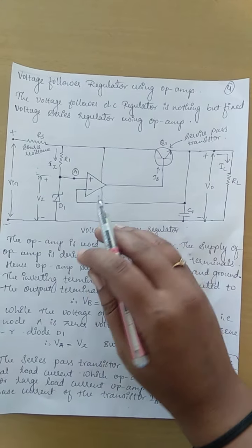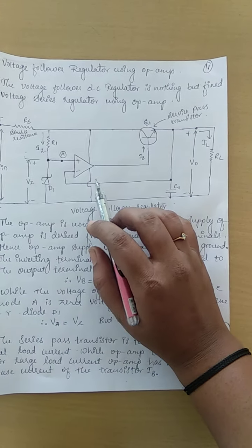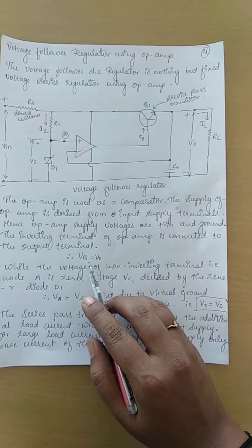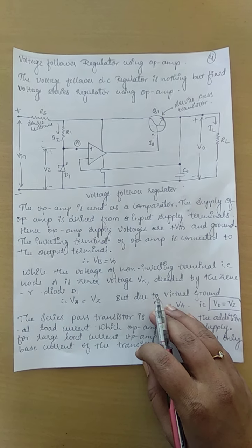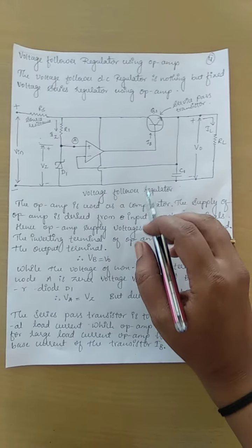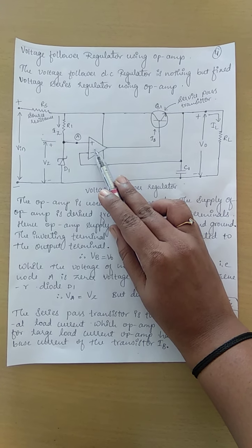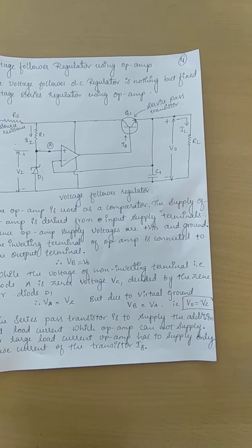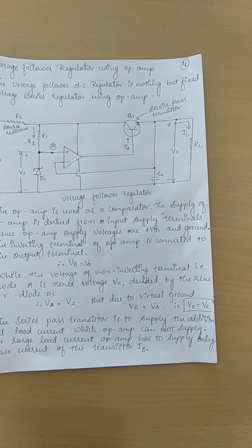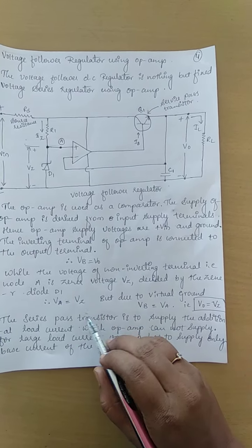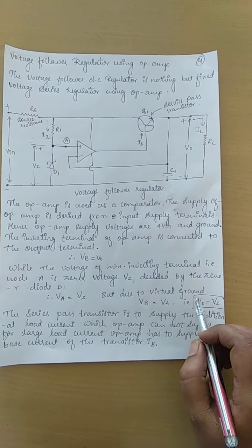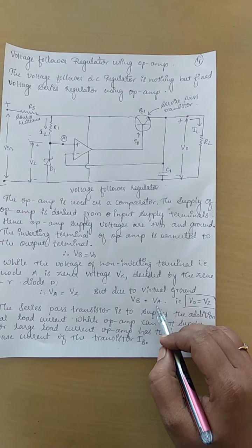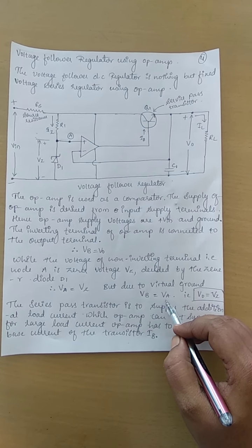The inverting terminal of the op-amp is connected to the output terminal. Therefore Vb is equal to Vo. This is a non-inverting configuration. The Zener voltage Vz decides Va, so Va is equal to Vz. But due to the virtual ground, Vb is equal to Va. This we have seen in the non-inverting configuration.